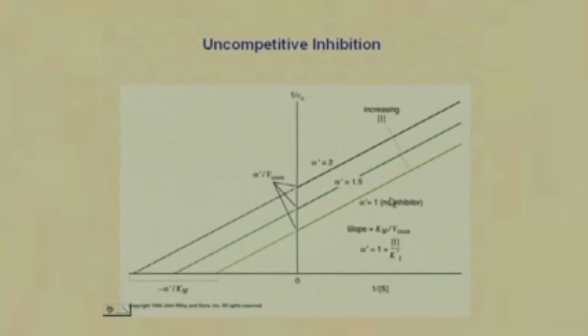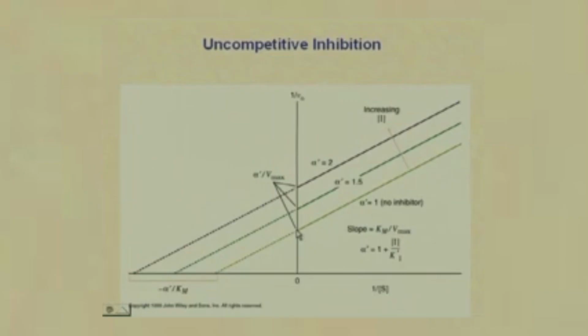So, when you increase the inhibitor concentration, the first line corresponds to no inhibitor. And each of the additional lines that you have here correspond to increasing concentrations of I. Why do we have increasing concentrations of I here? Because this V0 is going to be more for an inhibitor compared to one without inhibition.